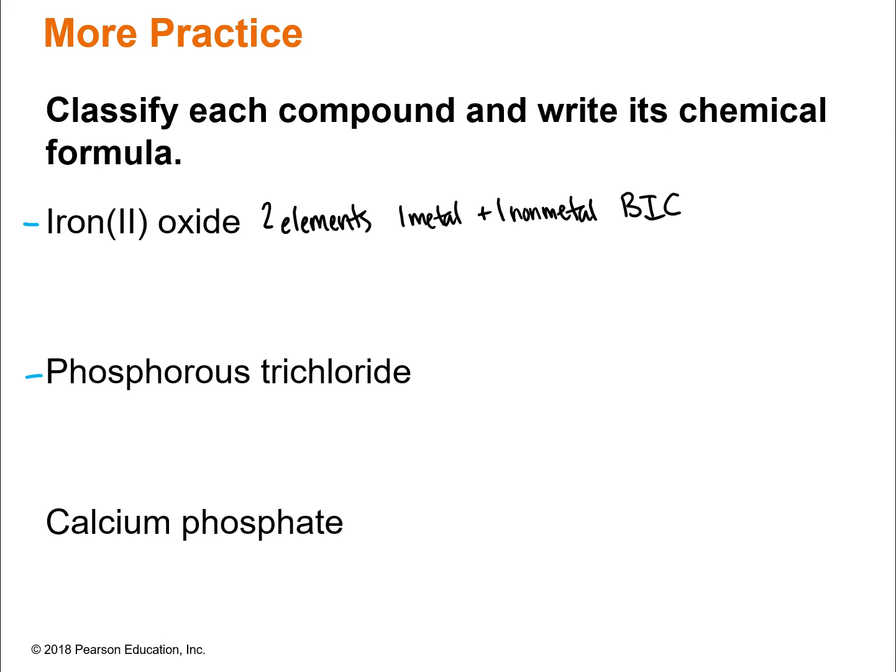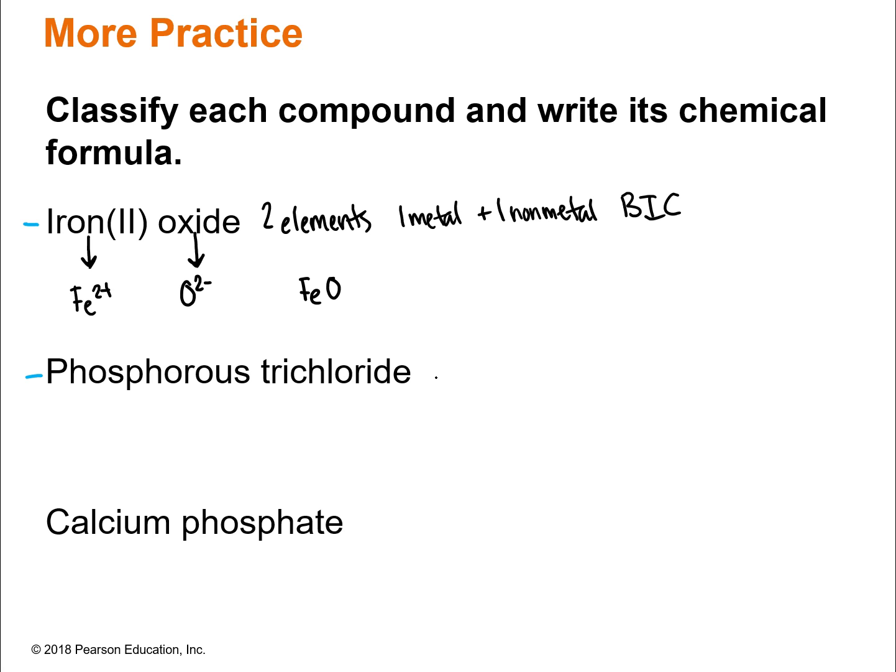I already saw some answers for the chemical formula. We've got the iron 2 ion here. The oxide ion is O2 minus. And since those match up, they're balanced, FeO. That's the chemical formula.